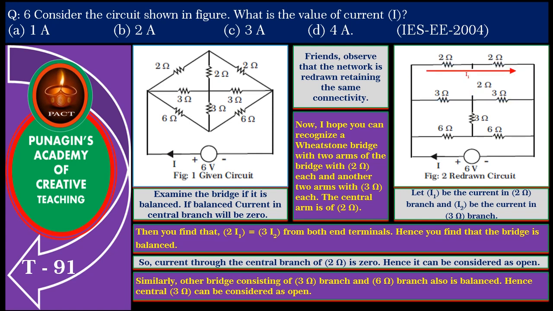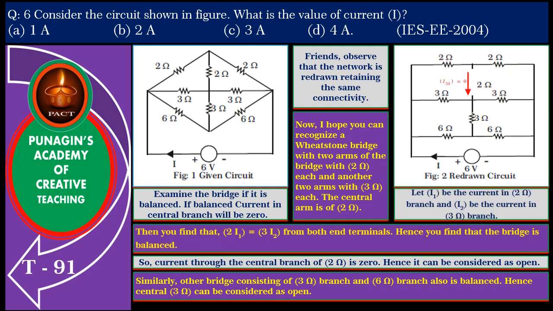So, let I1 be the current in 2 ohm branch and I2 be the current in 3 ohm branch. Then you find that 2I1 is equal to 3I2 from both ends of the terminals. Hence, you find that the bridge is balanced.